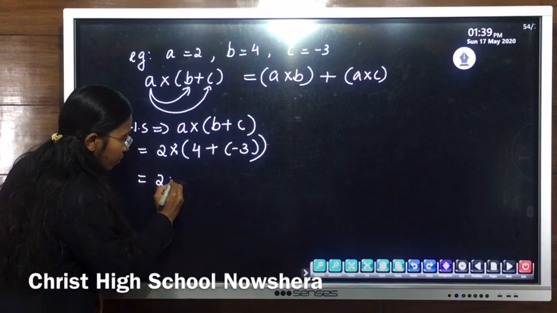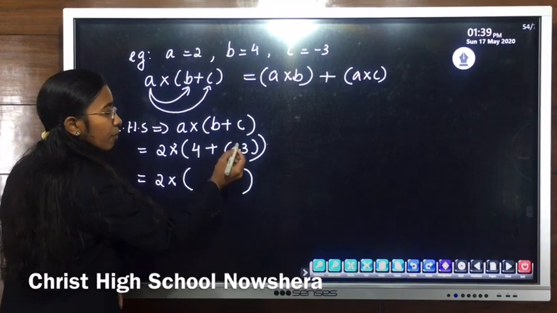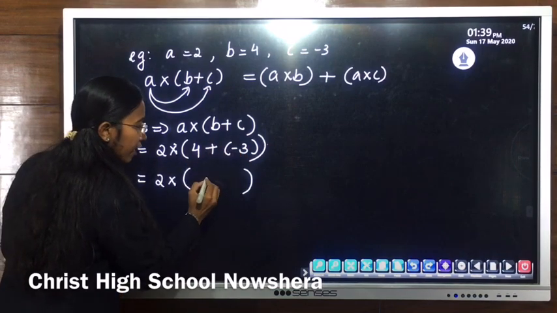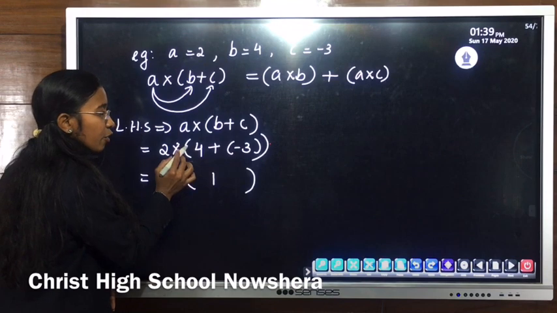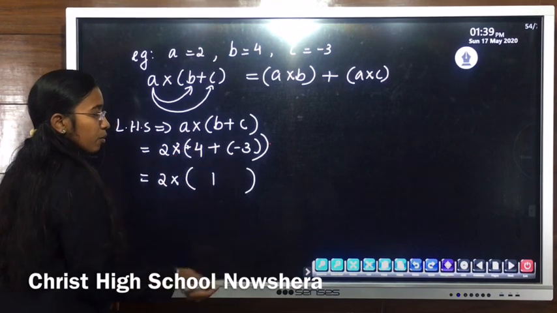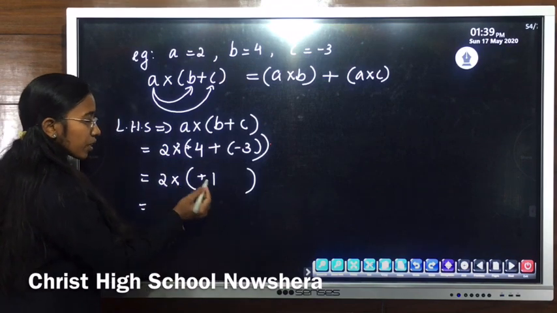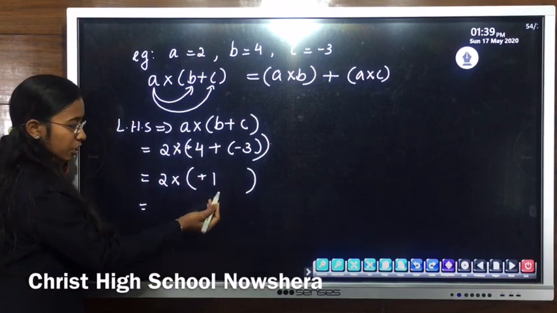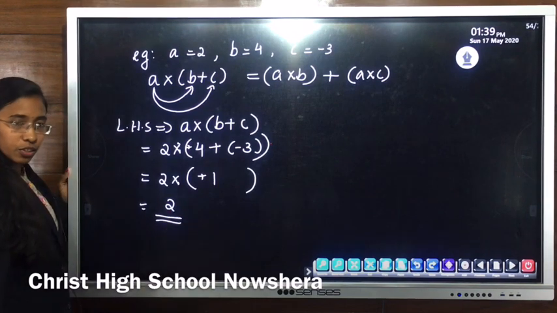That is 2 into, what is the difference between 4 and 3? The difference between 4 and 3 is 1, and 4 is the largest number. The sign of 4 is positive only. So the answer is plus 1. That is 2 into plus 1. Both numbers are positive integers only. 2 into 1 is 2.